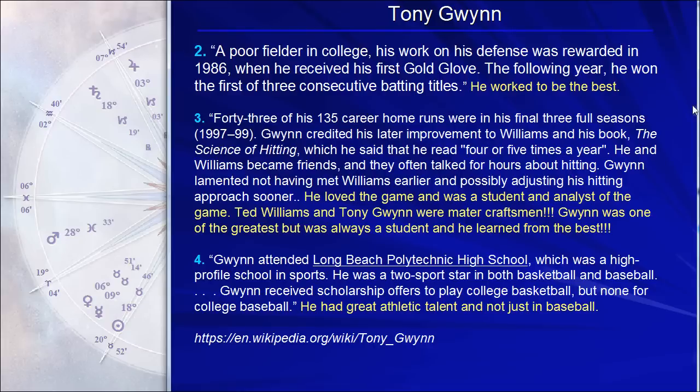Ted Williams was already retired, and he had written this book, The Science of Hitting. As Gwynn says, he read this book, The Science of Hitting, 4 or 5 times a year. So Gwynn is reading this book, which is not that complex or intricate, on how to bat over and over and over again. And Gwynn and Williams become friends.